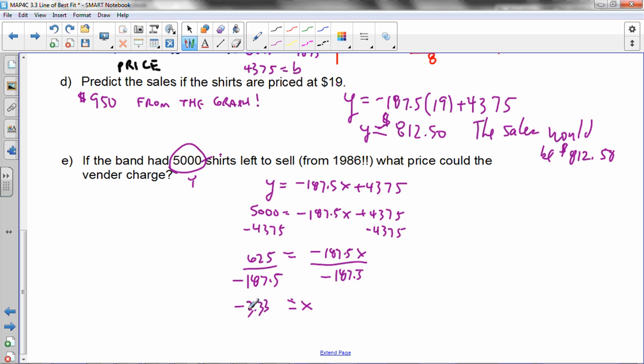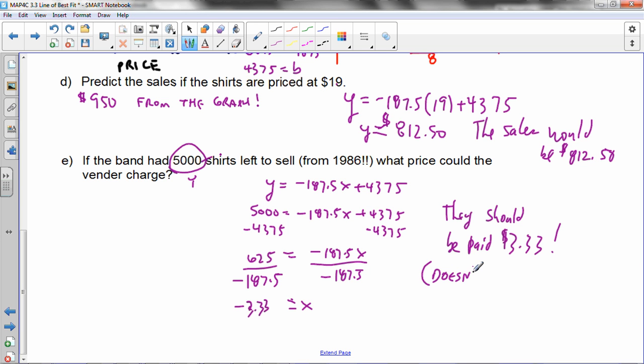Well, you could think of, instead of somebody paying money for a T-shirt, the company's paying them to take them away, right? So they should be paid $3.33 to take the T-shirt, which doesn't really make sense, right?